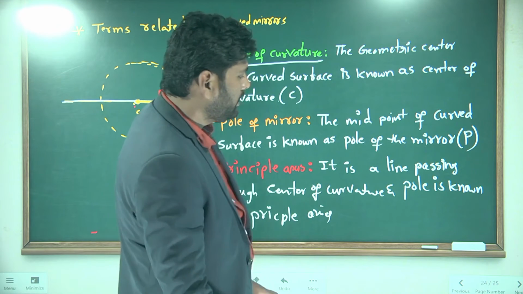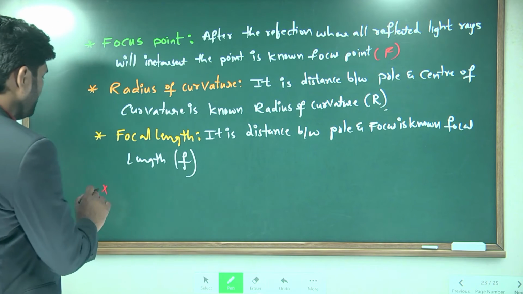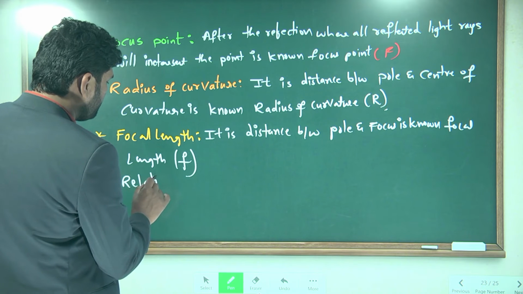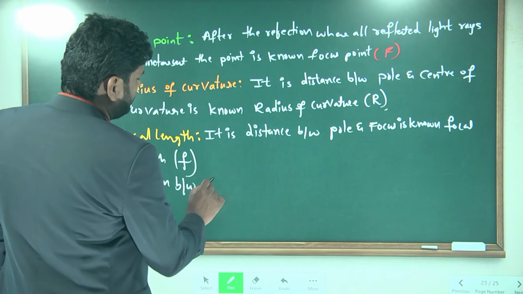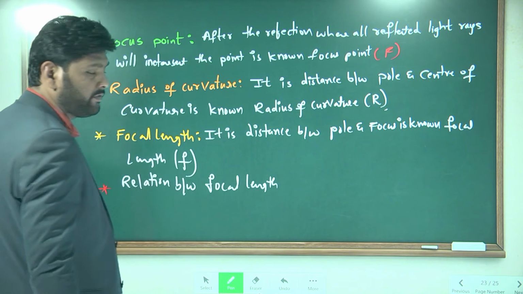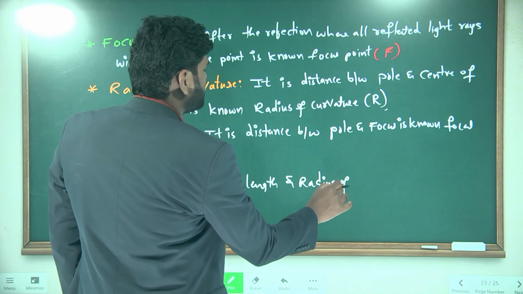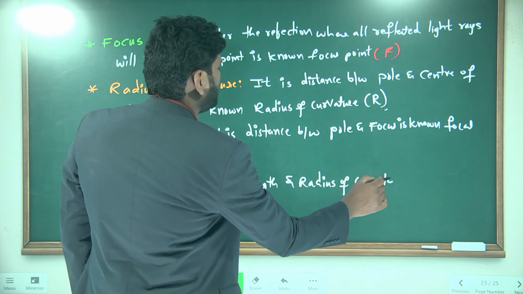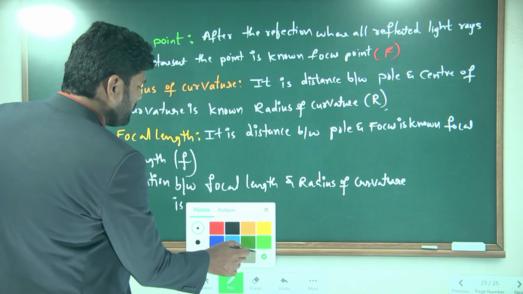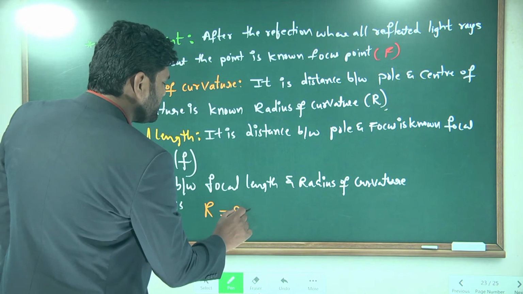Understand? Now, better write down the relation between focal length and radius of curvature: R is equal to 2 times the focal length.